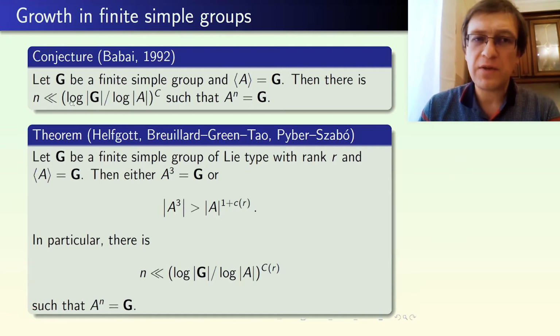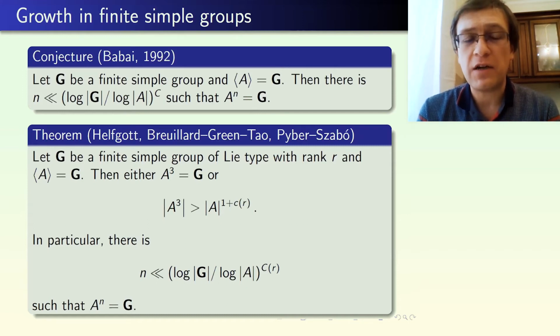It means that there is an N which is rather small, basically log to some power of the size of G, such that A to the N equals G. So if I have generation in principle, then I have it in a very effective way. It's a very interesting and exciting conjecture.